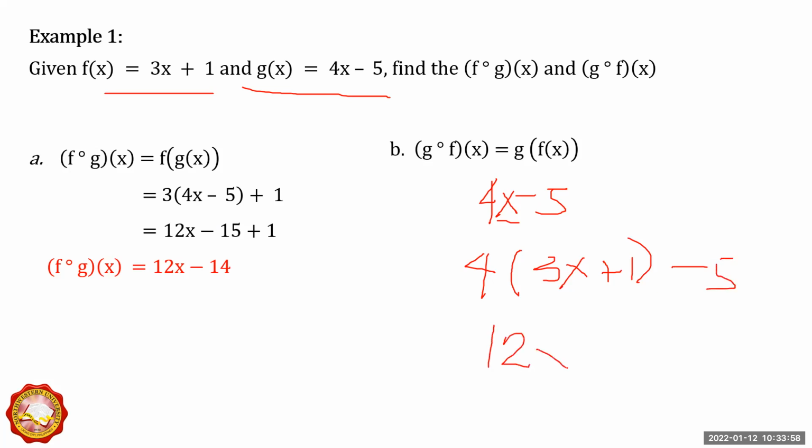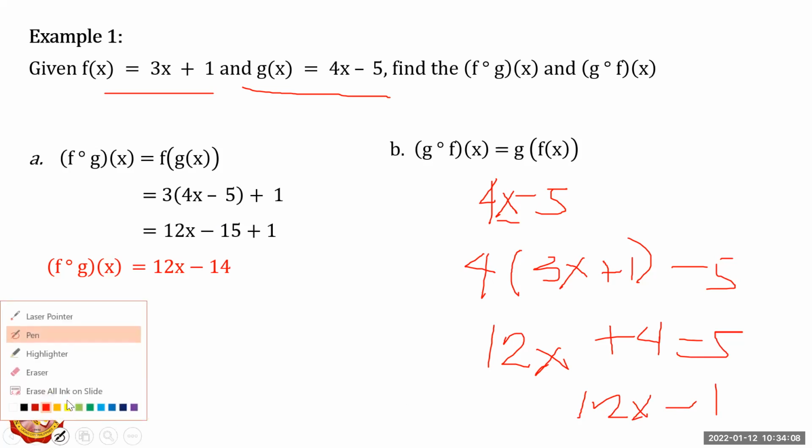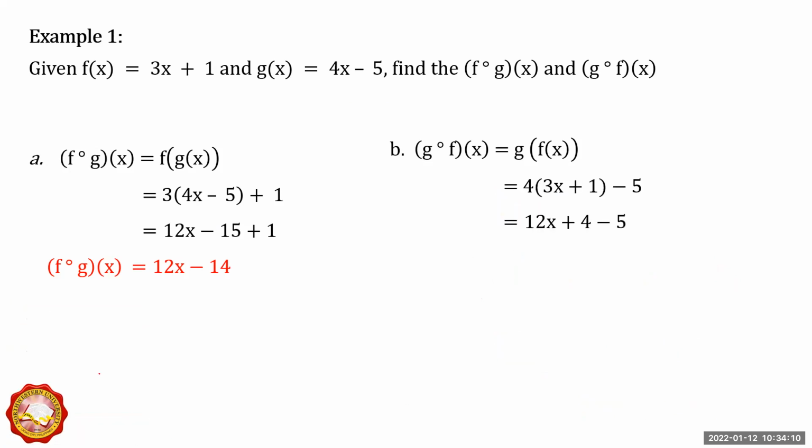So, simplify, that would give you 12x plus 4 minus 5, or just 12x minus 1. So, that would be your G circle F. Basta kung ano yung una, yun yung basic. And then kung ano yung nasa loob, yun yung isa-substitute mo sa variables.